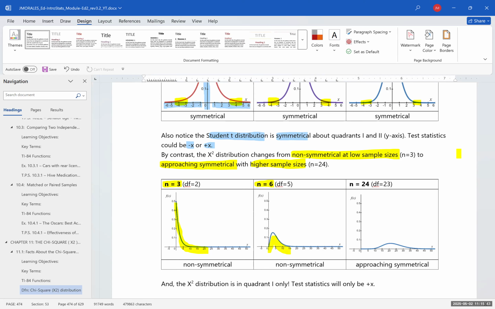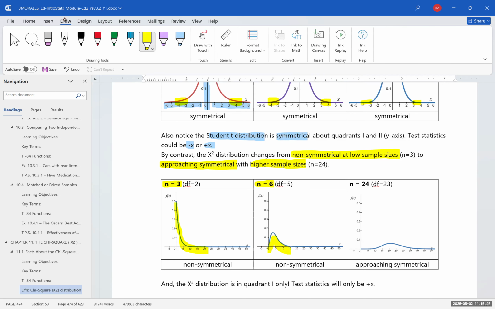It almost looks like a right skewed distribution. Okay, and at higher sample sizes, you can see it is approaching being symmetrical. Okay, but it still does look slightly skewed to the right.